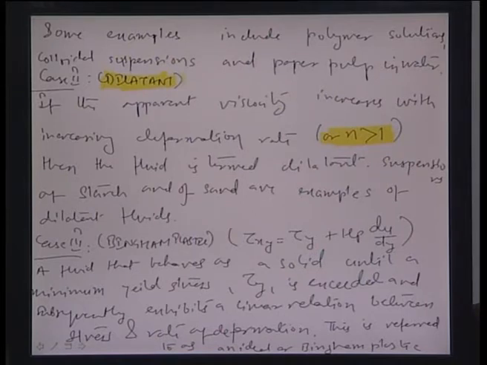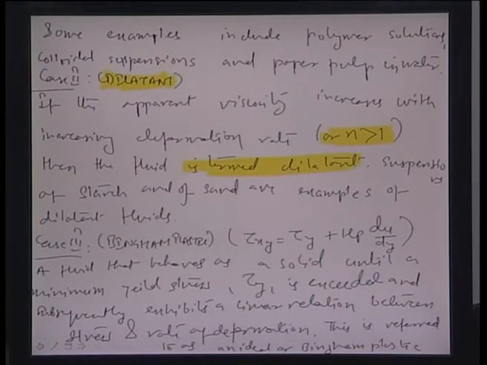So if n is more than 1, then the index n minus 1 of mod du by dy, which we just saw in the slide back, would be positive, and because of that, with an increase in du by dy or d alpha by dt, the shear stress tau yx would increase. So the viscosity mu would increase because of that, viscosity being k times mod du by dy to the power n minus 1. Such fluids are known as dilatants.